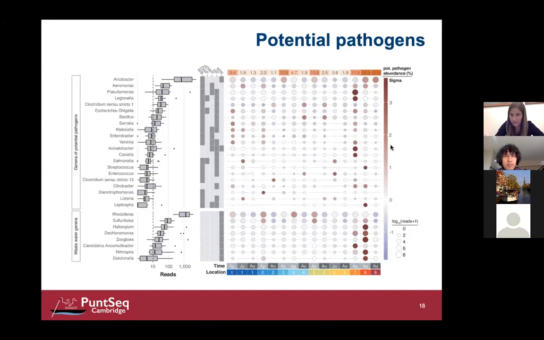Whereas the color of the circles represents the standard deviation to the mean relative read number of this genus across all of the reads. So if you see a really deep red color, it means that unexpectedly a lot of this genus occurs at this specific location.